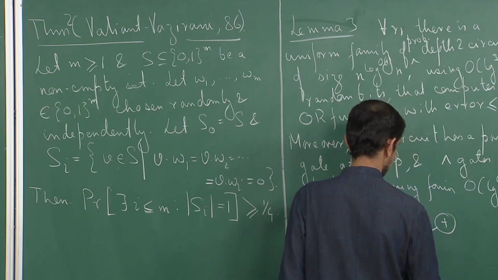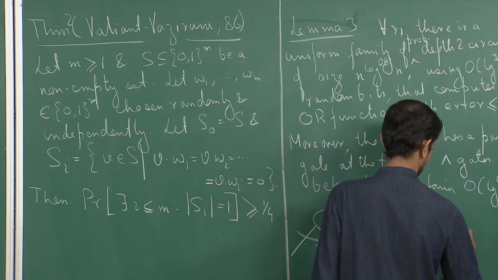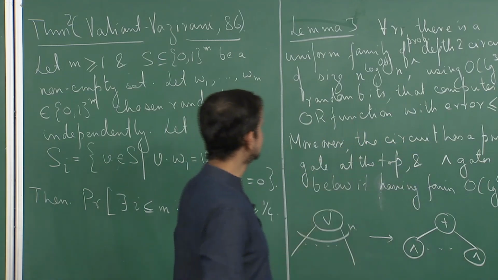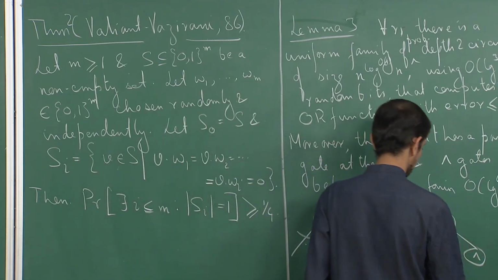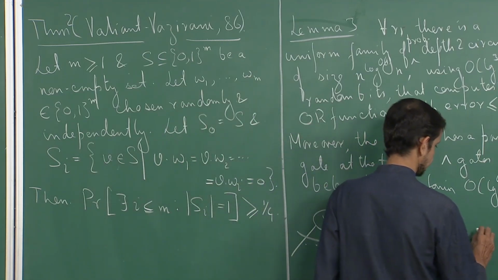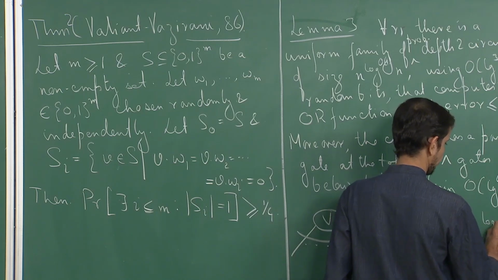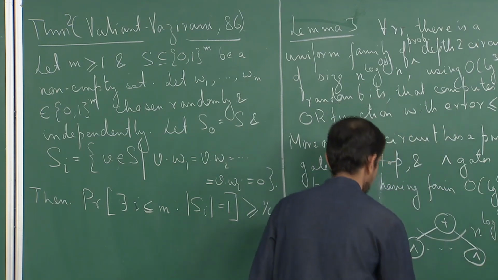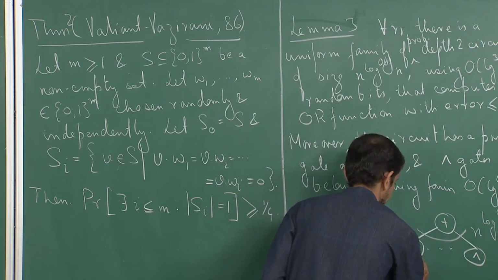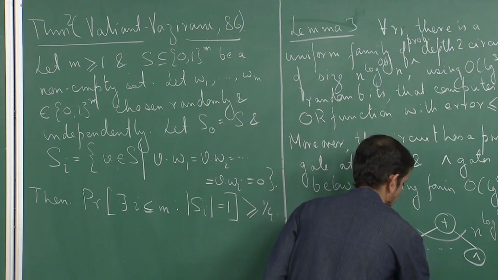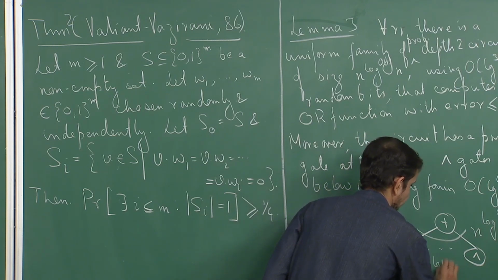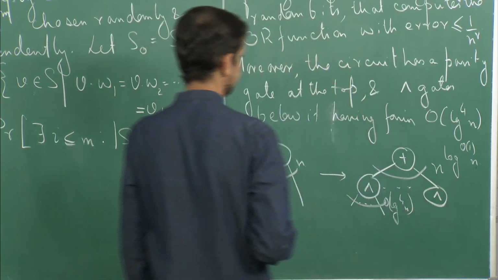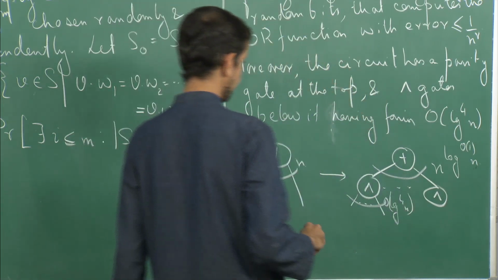I have a parity gate and then some AND gates, and the size of this is n to the power log to the power O(1) of n, and these AND gates have fan-in of order log to the power of n.